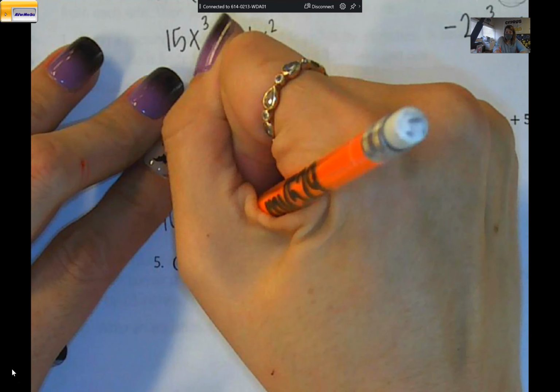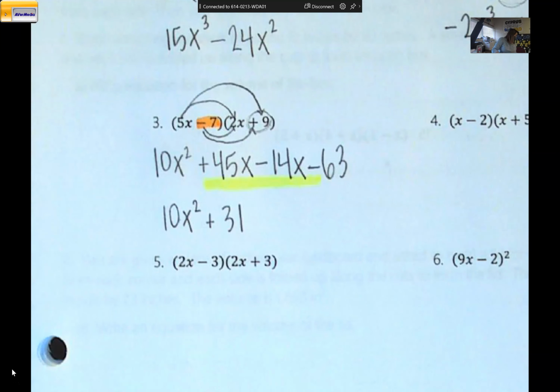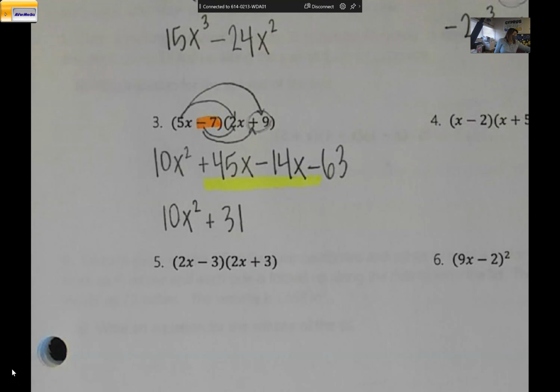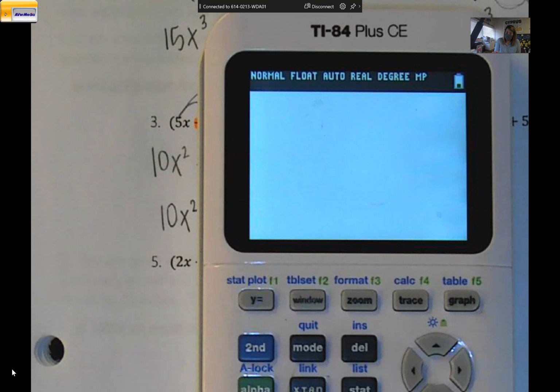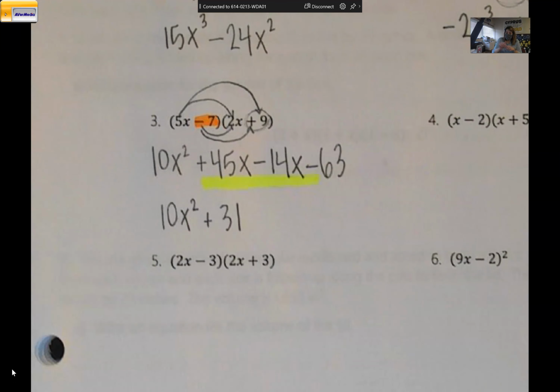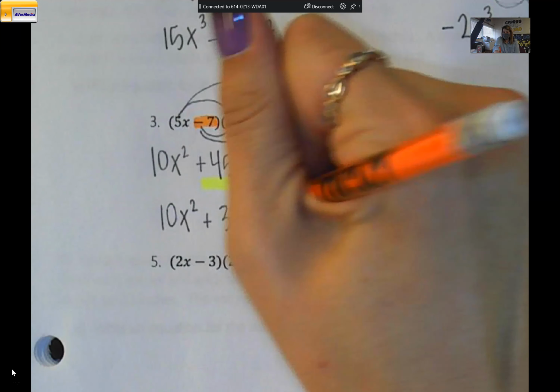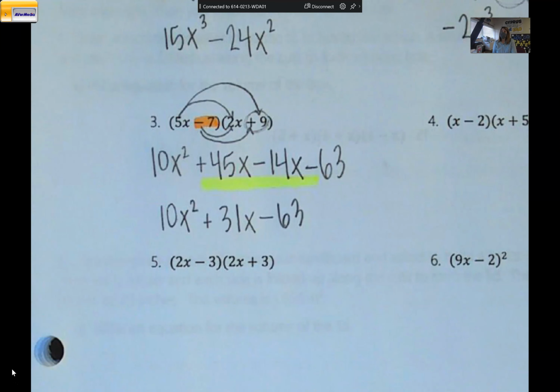Is it positive or is it negative? It's positive. If you don't know how to do that, you get your calculator out and you're combining them, which means you can add them. So you would do 45 plus negative 14, and that will tell you that it's a positive 31. Okay, so keep the x, and then just drop down the minus 63.